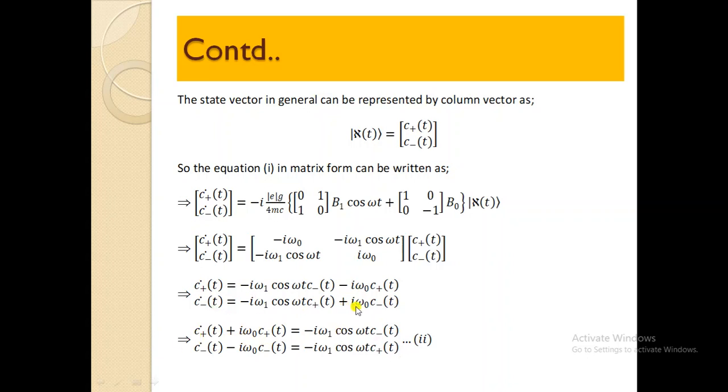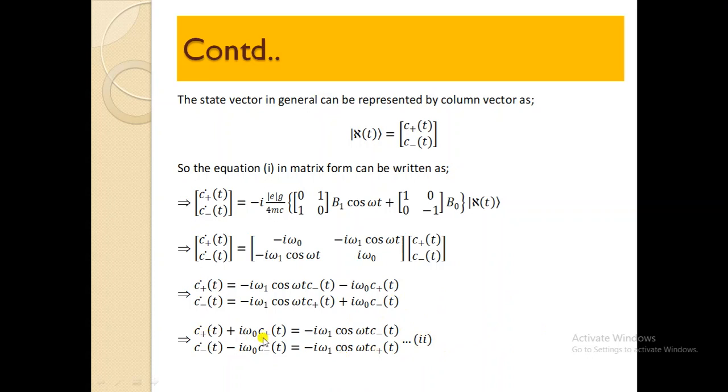Again here also we have taken the minus term on the similar side, so c minus dot t, and then this plus goes to the other side and becomes minus, and this is as it is. This will be needed later also, so we have numbered it as equation second.